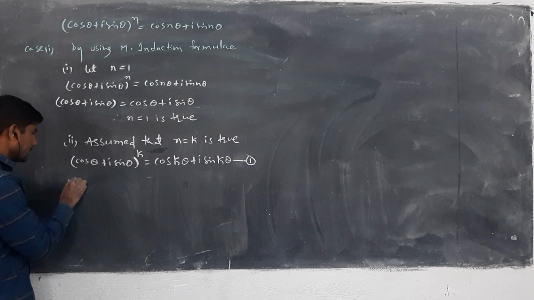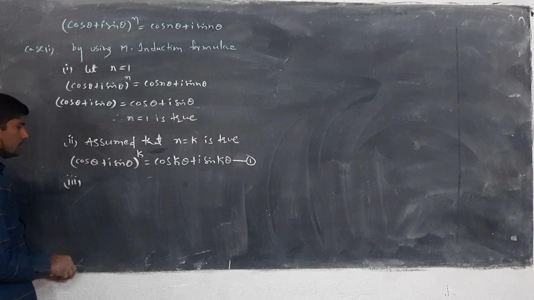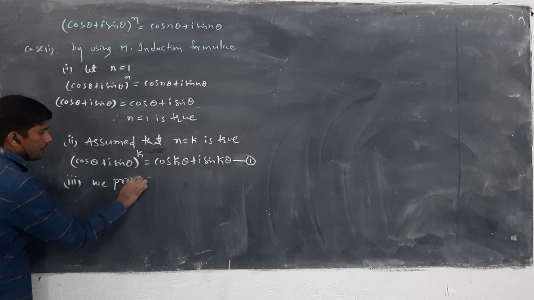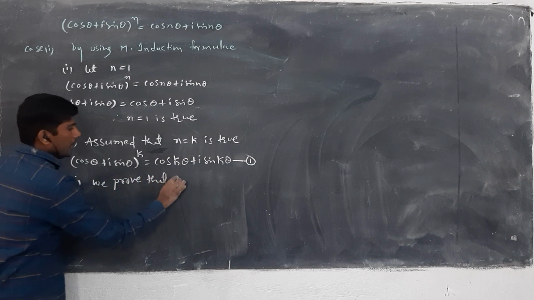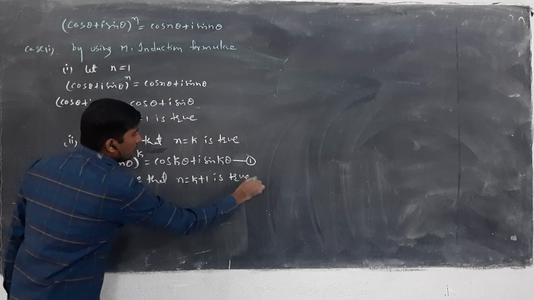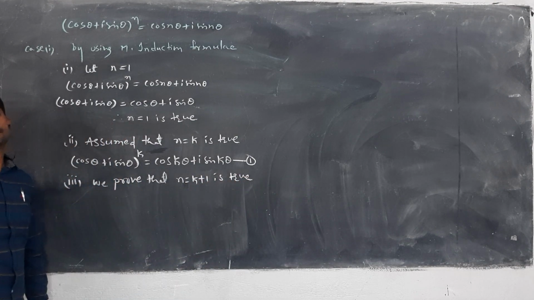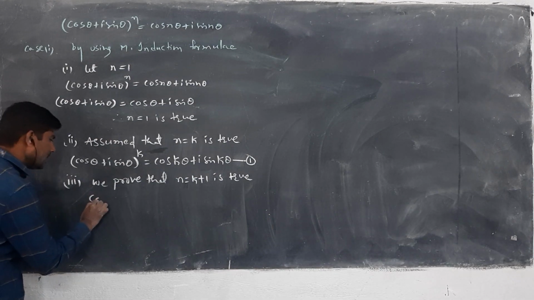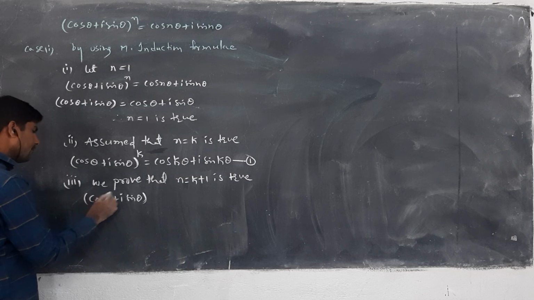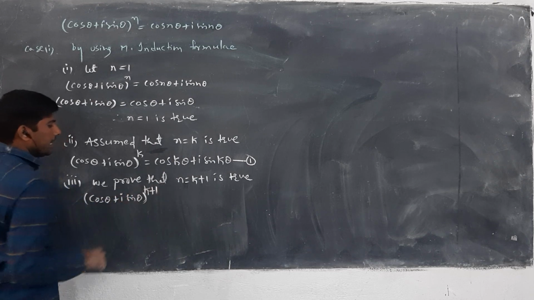Next, third case. We prove that n is equal to k plus 1 is true for the given statement. The statement is cos theta plus i sin theta whole power of n, and we write k plus 1.